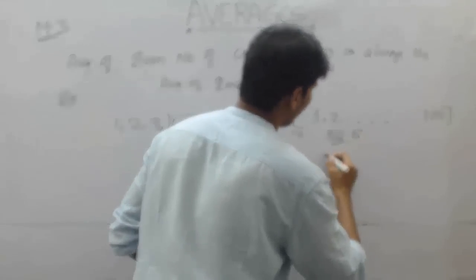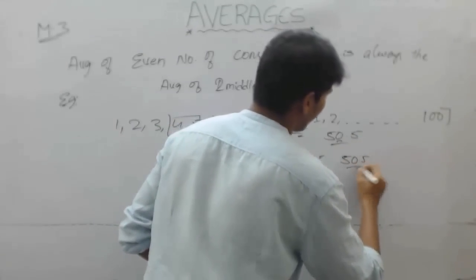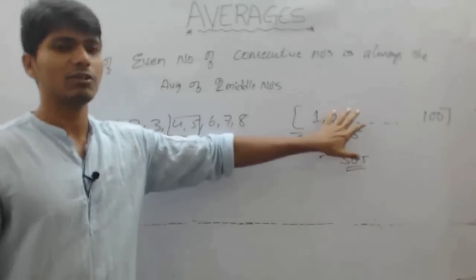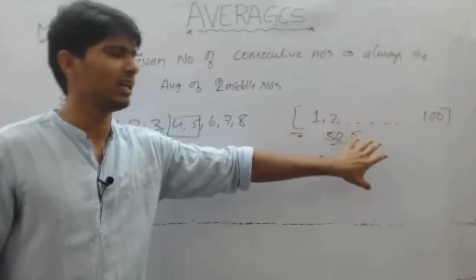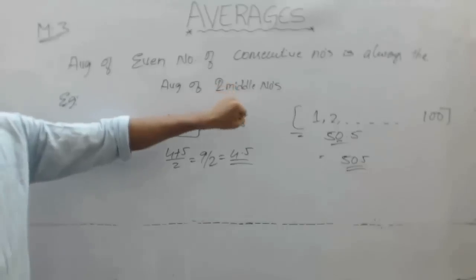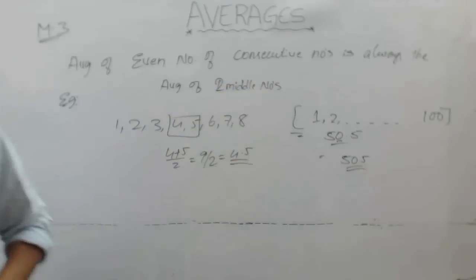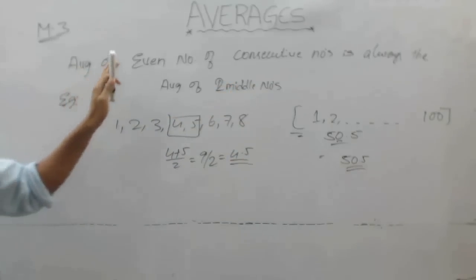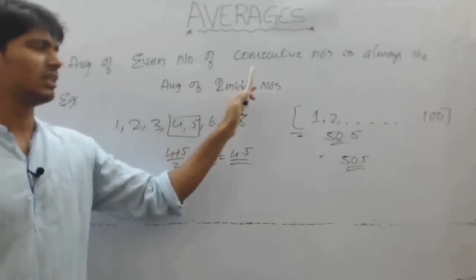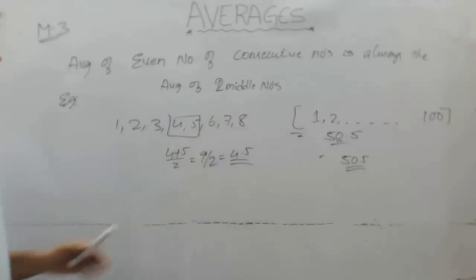If you take their average, you get 50.5. So averaging the two middle numbers gives this answer. This is the formula. For consecutive numbers, you don't even need to calculate. If you know these concepts, you can easily solve the problems.